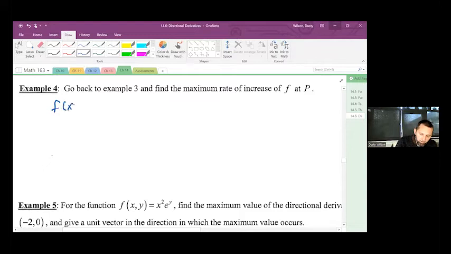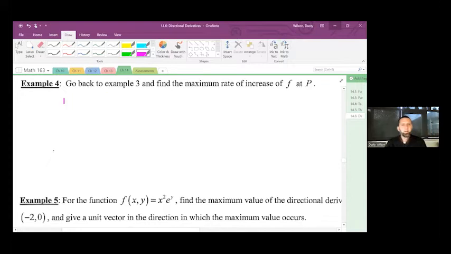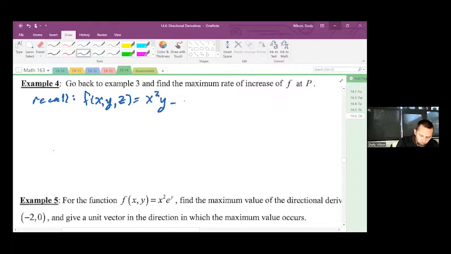So recall that f of x, y, z was equal to x squared y minus y z cubed plus z, and P was the point (1, -2, 0).